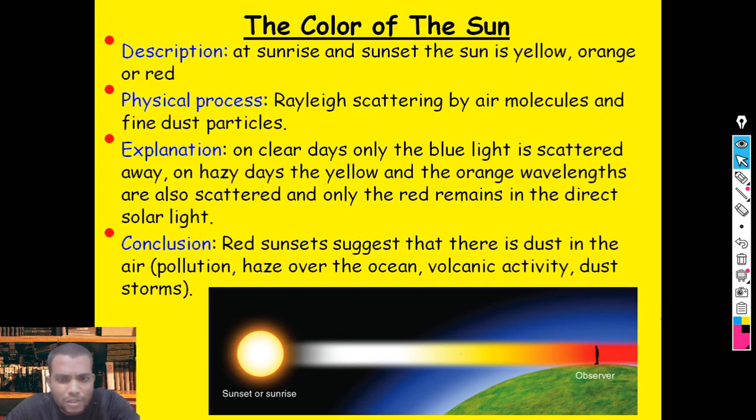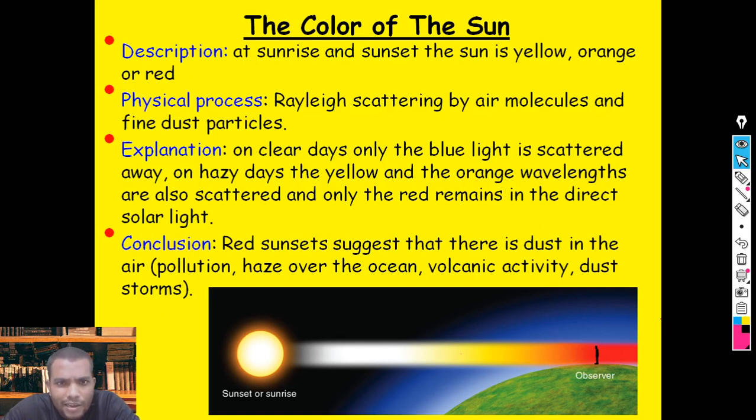If the atmosphere contains air molecules along with some dust, the dust particle size is a little bigger than the air molecules. So that size scatters the wavelength of red color.